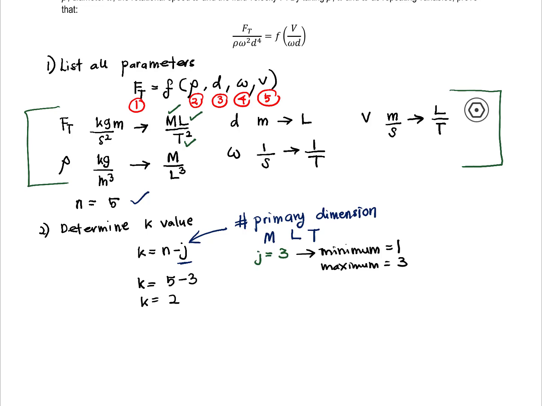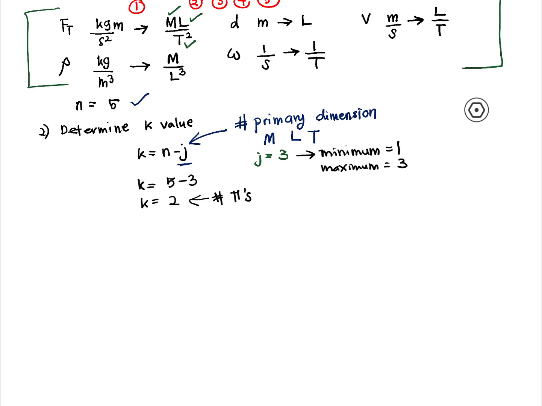If we already get the value for K, what does it mean? This represents the number of pi's. So if the value of K is equal to 2, we have 2 pi's.